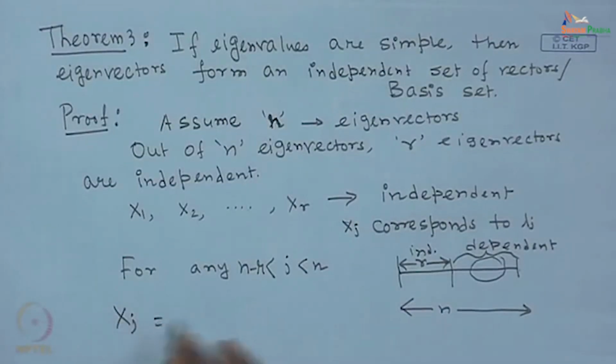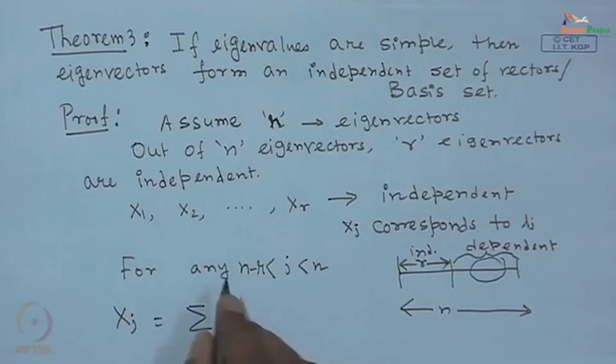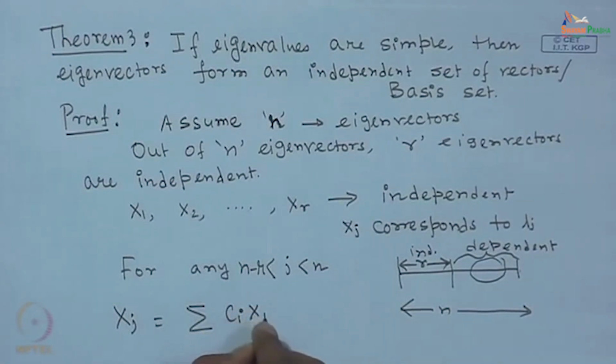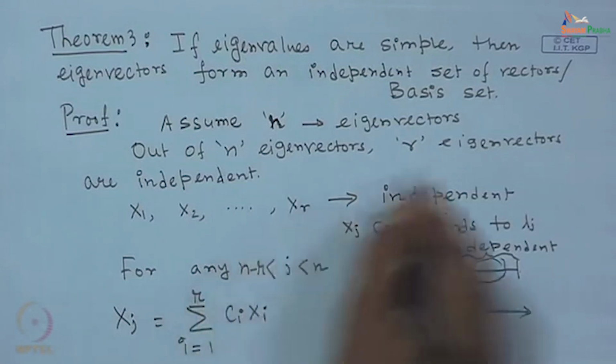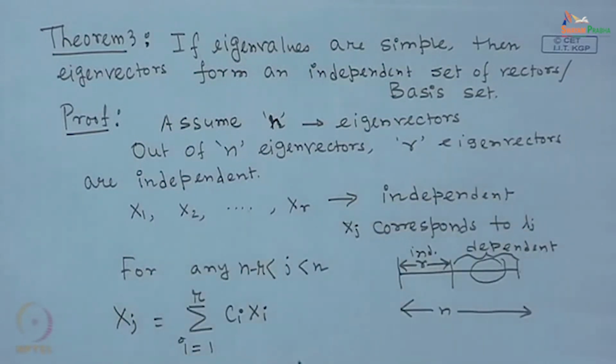So, x j can be written as a linear combination of all the other independent eigenvectors, and this index i runs from 1 to r, because r independent eigenvectors are present in the system.